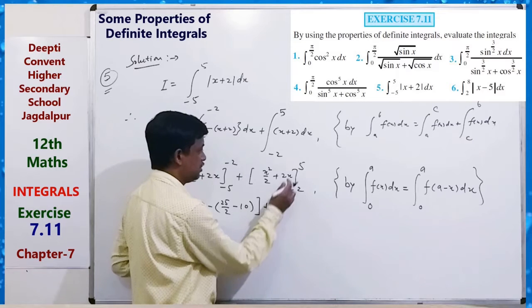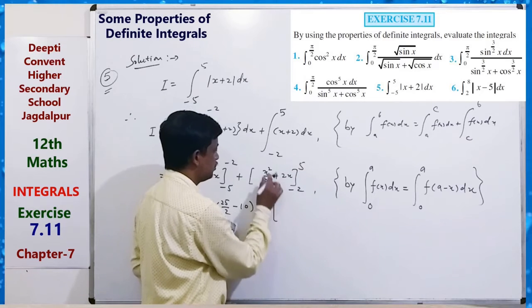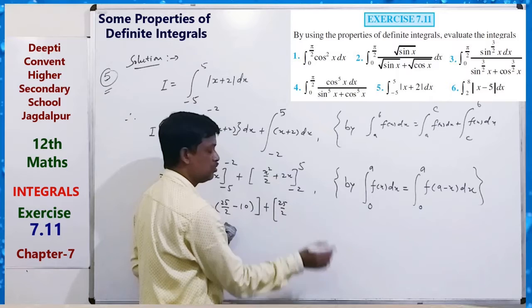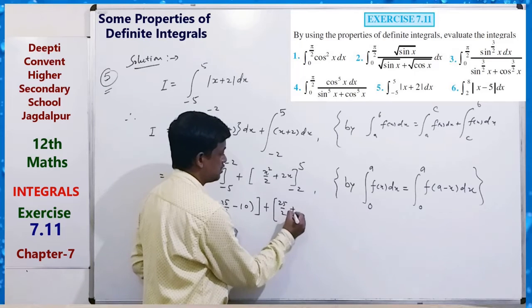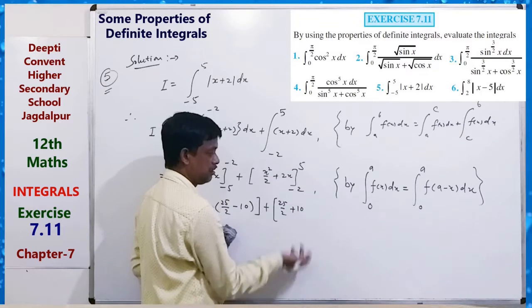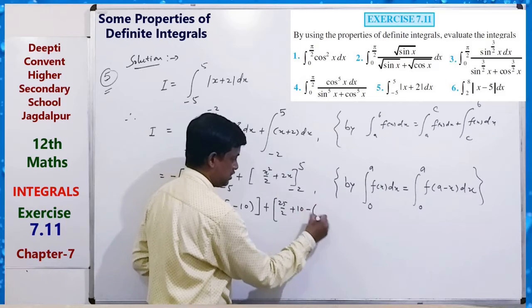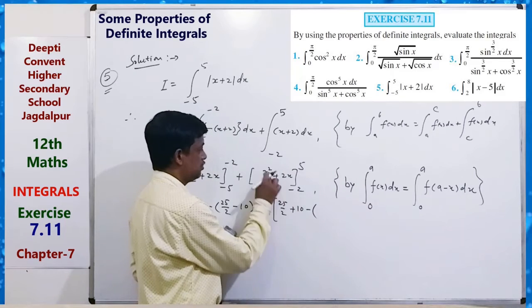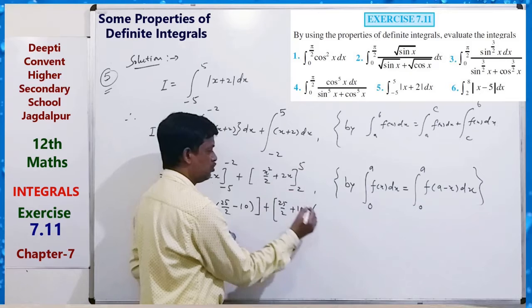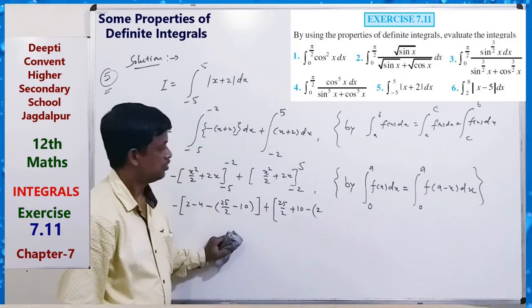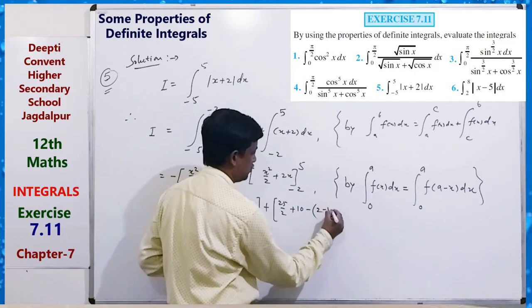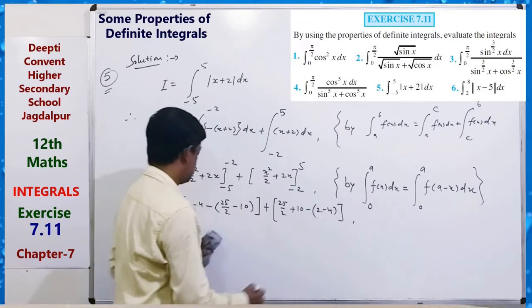Plus here also 5. So 25 by 2 plus 10, minus, 2 minus square 4 by 2, 2, minus 4, minus 4. So solve it.